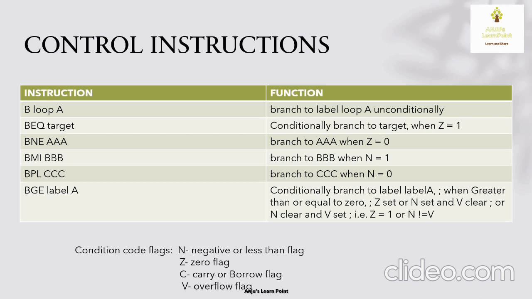Similarly, another example is BNE AAA, that is, branch to that particular location or label AAA when Z equals 0. BMI BBB, branch to that particular location BBB when N equals 1. N is the negative or the less than flag. So, these are some of the examples for control instruction.